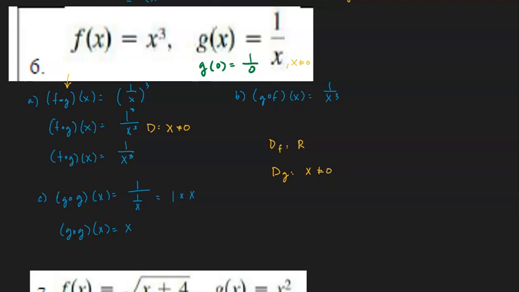Now if you look at the second one, f is the input function. So for f, it could be all real numbers. You're still going to get some kind of output.